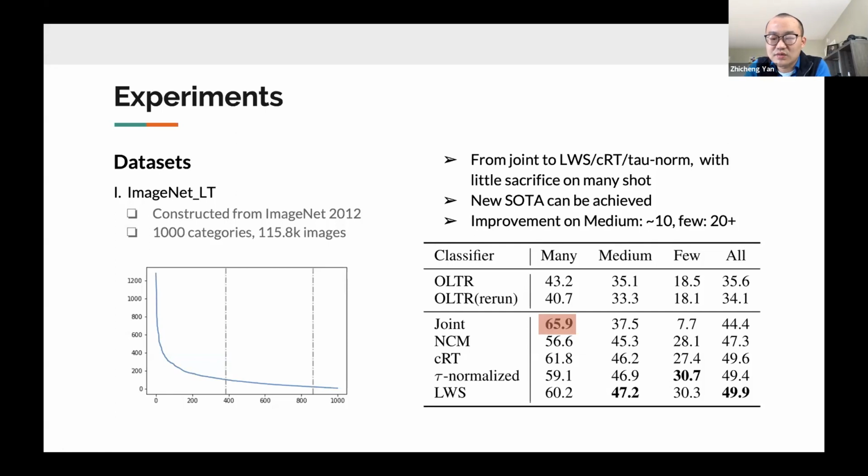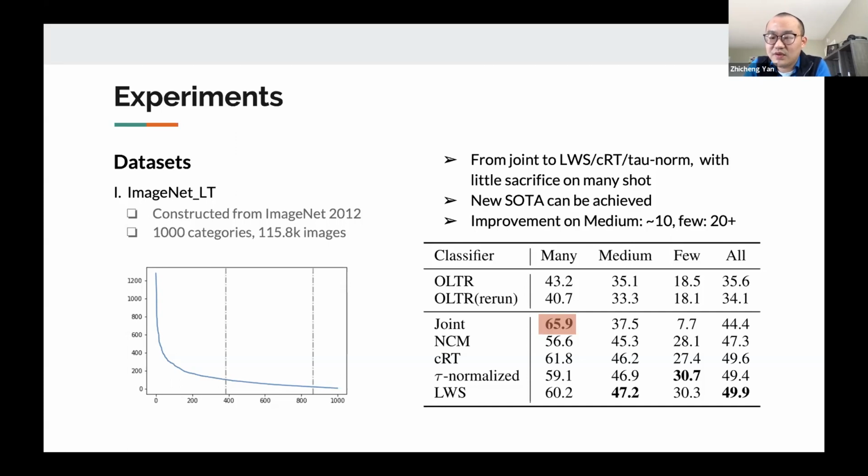You can do it through classifier retraining. You can normalize the weights after the joint training, or you can learn the tau in the normalization by having additional fine-tuning in a second stage.